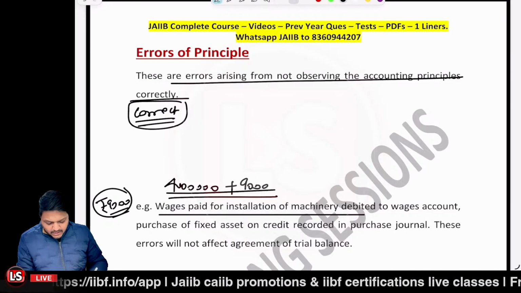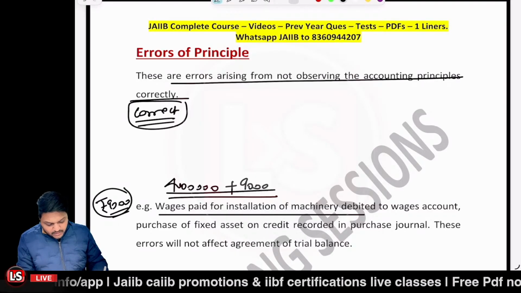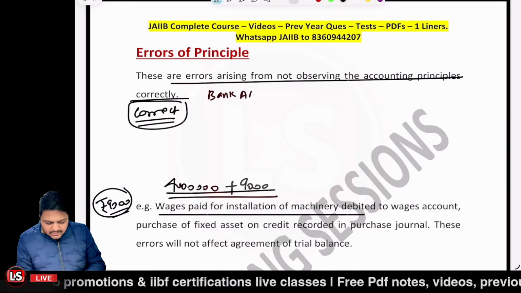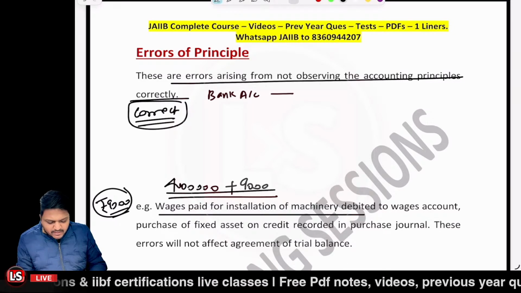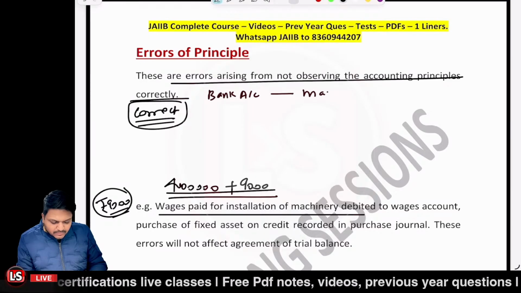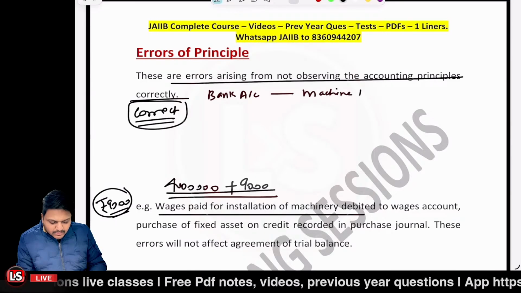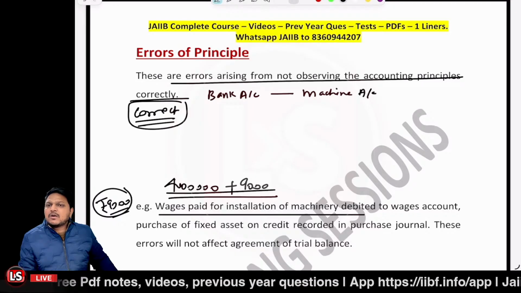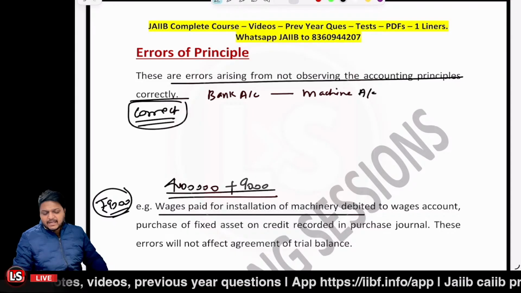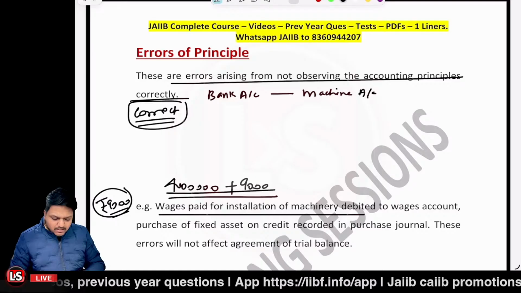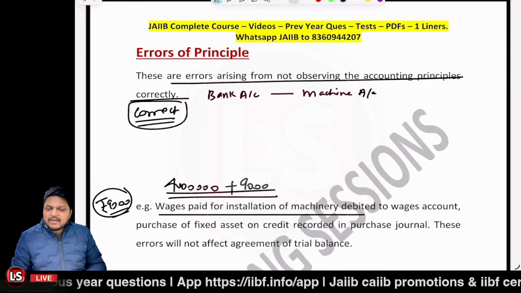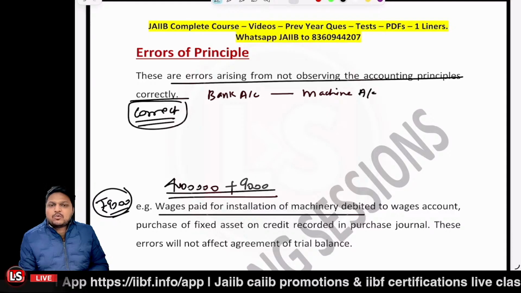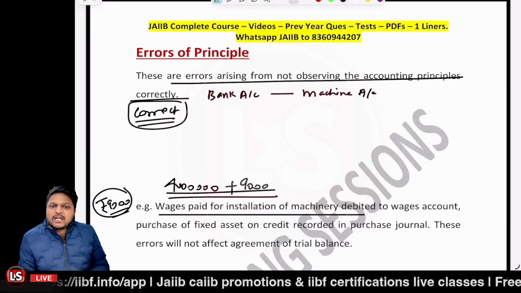The entry would involve two accounts. Let's say the bank account through which you have paid the balance, and the second account would be the machine account. The correct entry would be that. Now, is your bank account a real account or any other kind of account? Bank account is a real account, because it's an asset. Real account, golden rule: debit what comes in and credit what goes out.